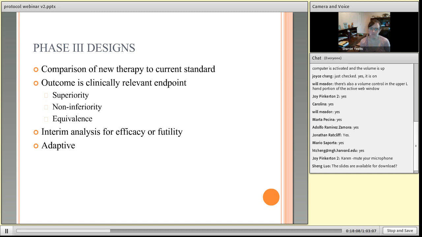On the other hand, if as we're accumulating data, it looks like we are never going to be able to demonstrate that our intervention is efficacious, then it's a waste of resources for us to continue randomizing patients when we're never going to get to that answer. And again, here, the interim analysis for futility would allow us then to adapt to that information.